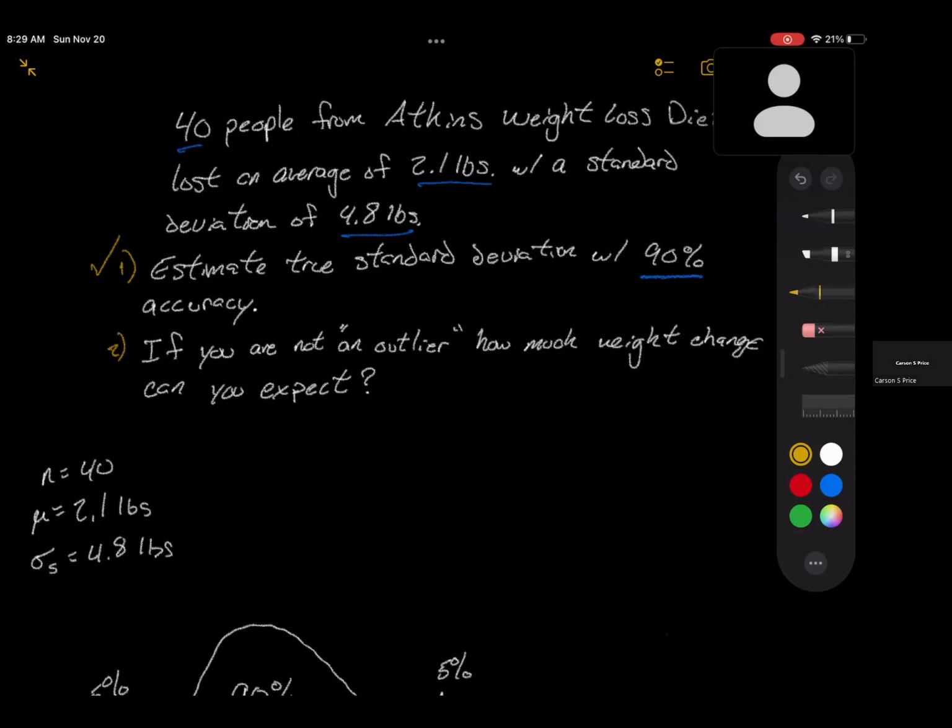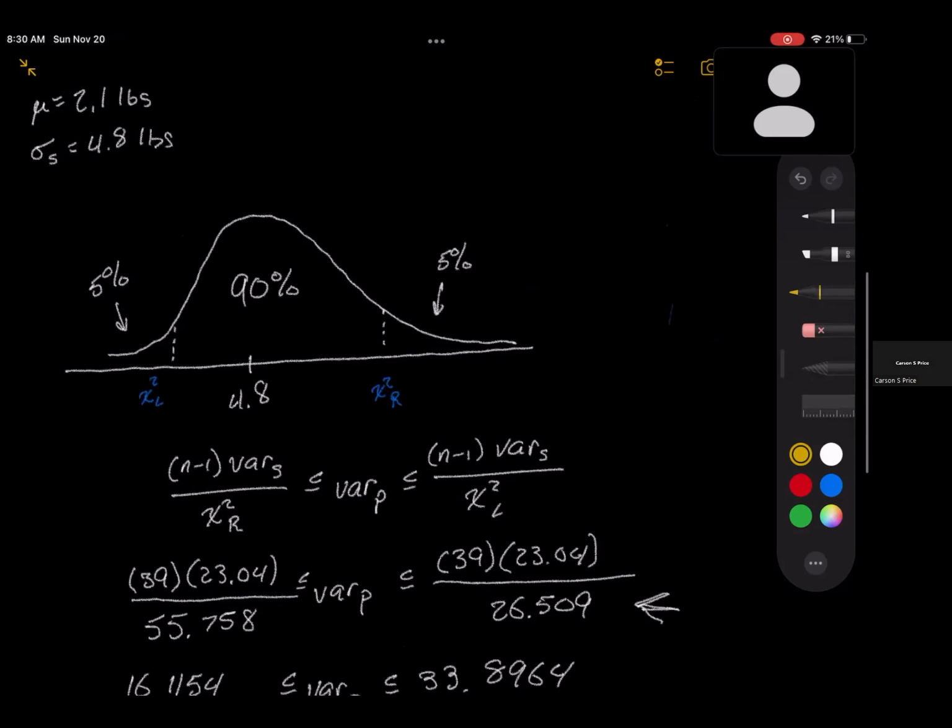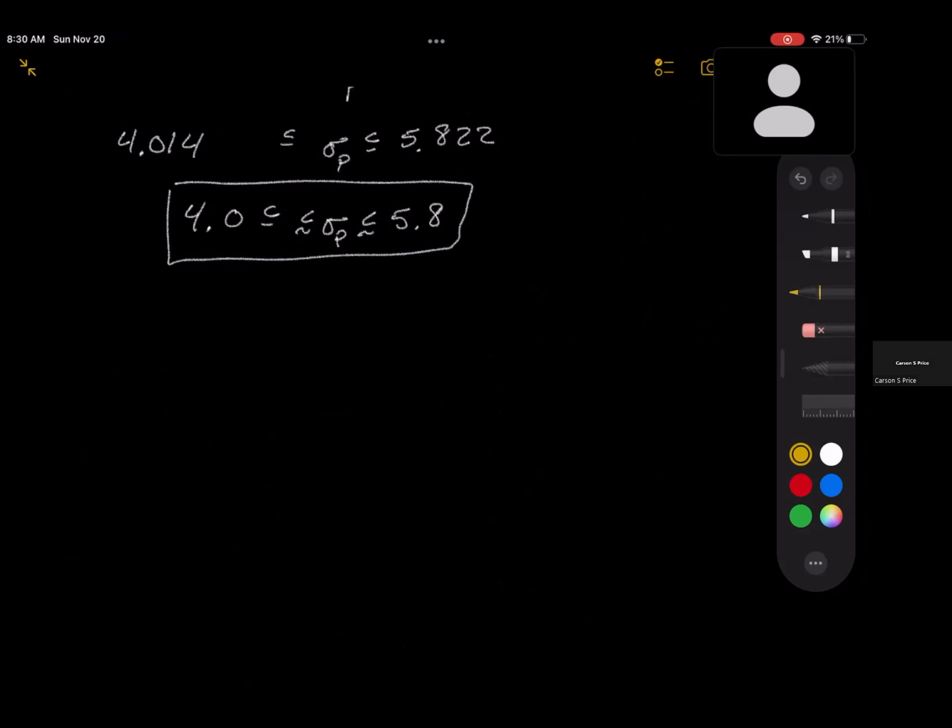Now, if we are not an outlier, how much weight change can we expect? All right, let's get a picture of this. My standard deviation at its smallest with 90% accuracy is about 4. If I was to draw the normal curve around the weight loss, it would look something like this, centered at the average that I got from my sample.